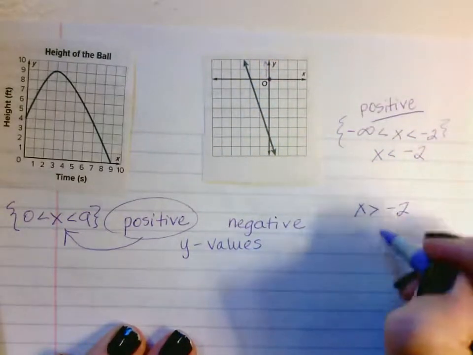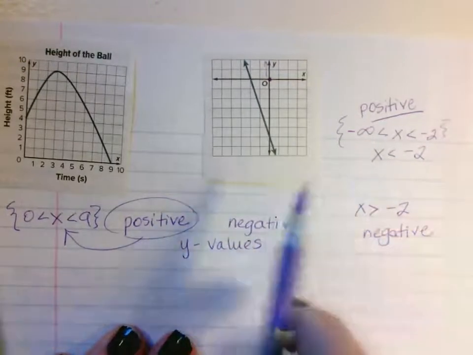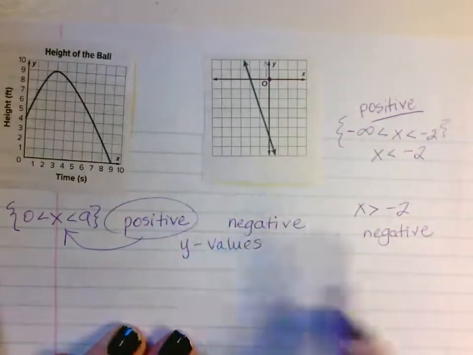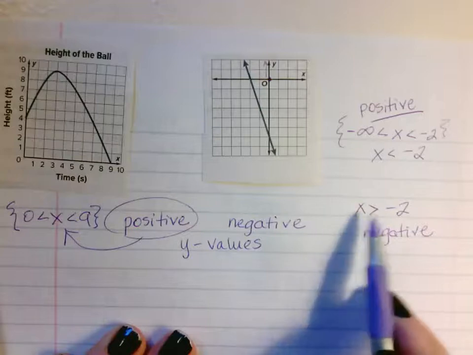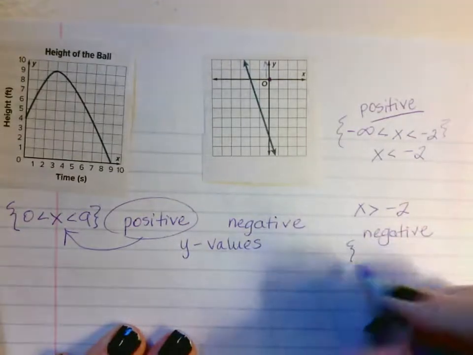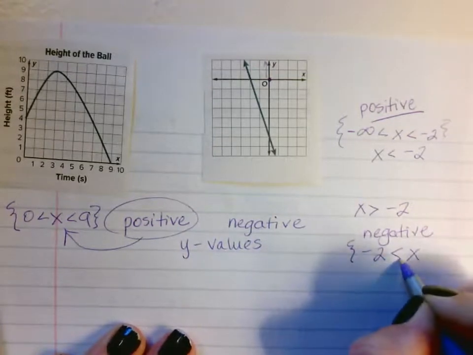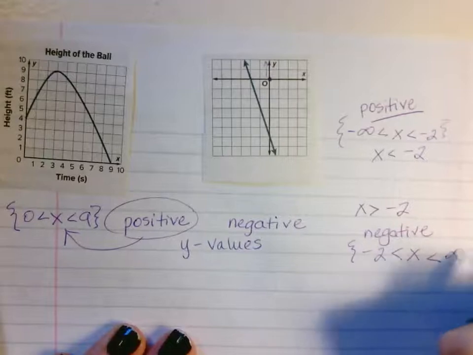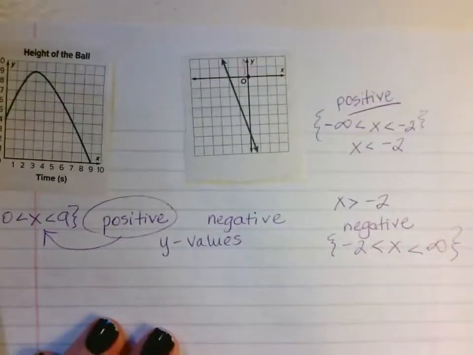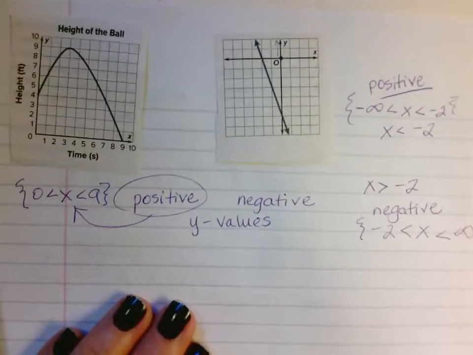They're all negative. So the negative interval for this graph is all the x's greater than negative 2. We could write that as negative 2 to infinity. So these are positive and negative intervals.